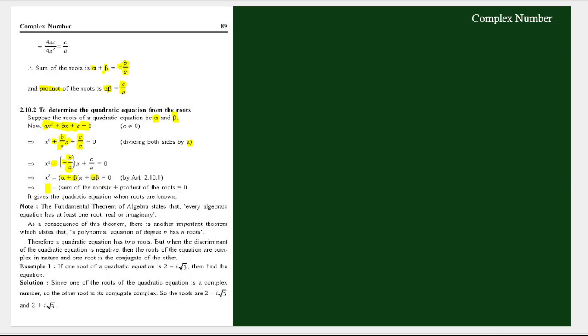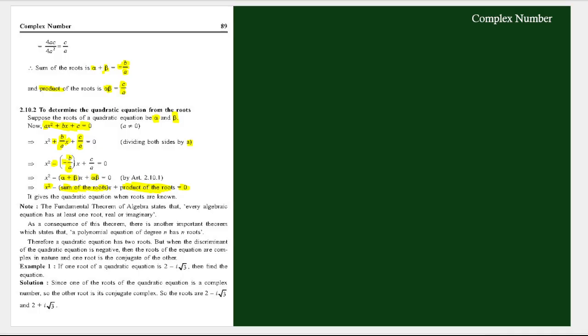So this implies x square minus the sum of the roots multiplied by x plus the product of the roots equals 0. So this is our quadratic equation. Now if we know the sum of the roots and the product of the roots, then we can determine the quadratic equation using this formula.